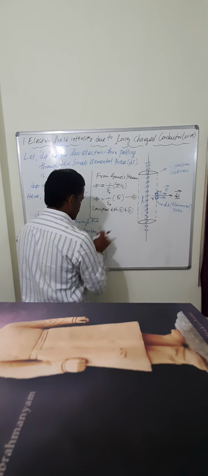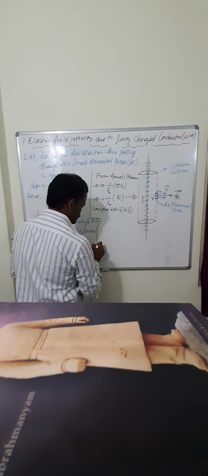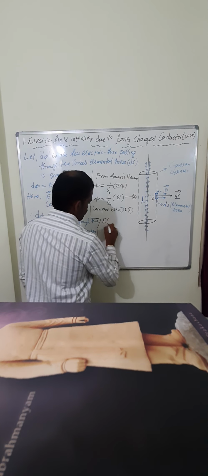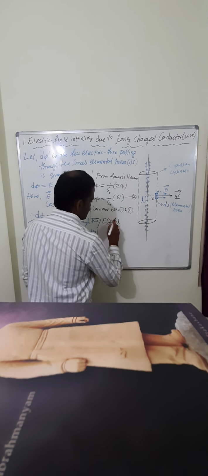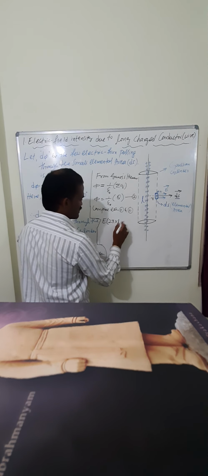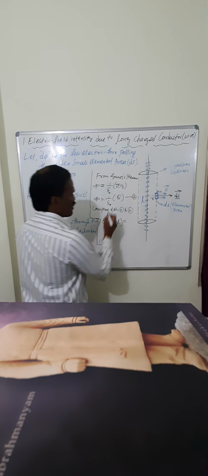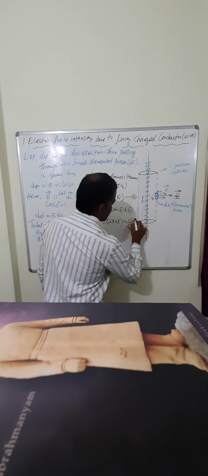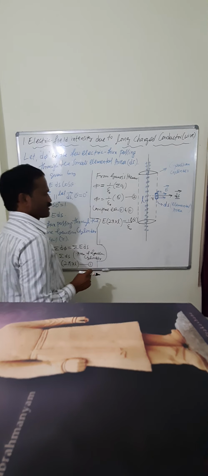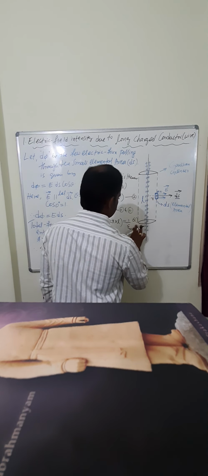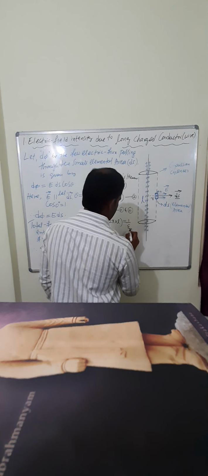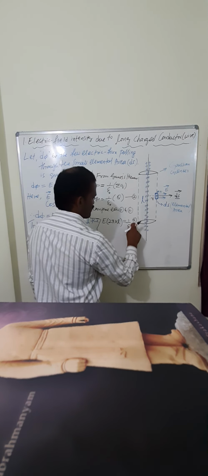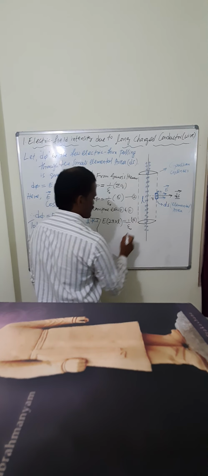E into 2 pi R L, these many fluxes passing out through the entire Gaussian cylinder, is equal to 1 by epsilon naught times Q. This is 1 by epsilon naught times the total charge enclosed by the Gaussian surface.